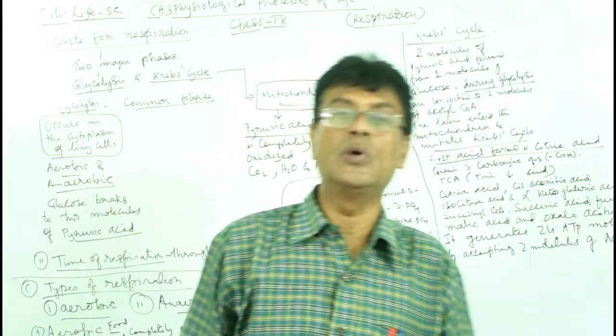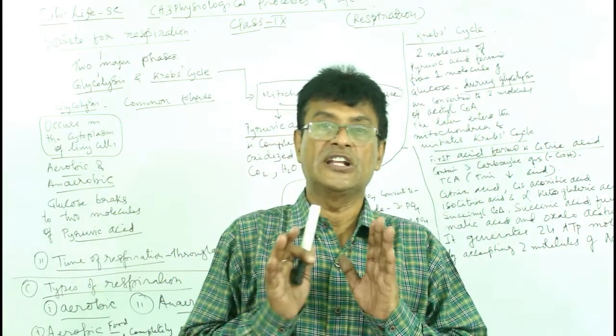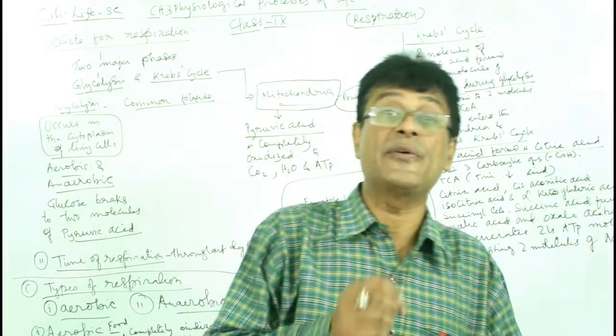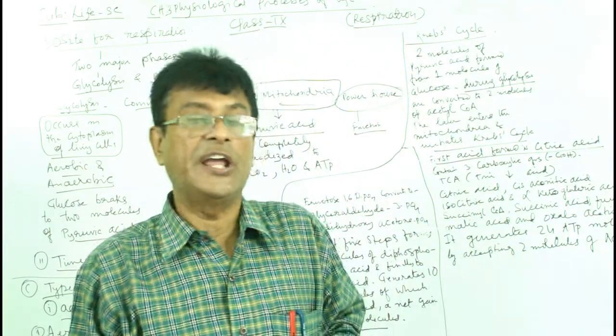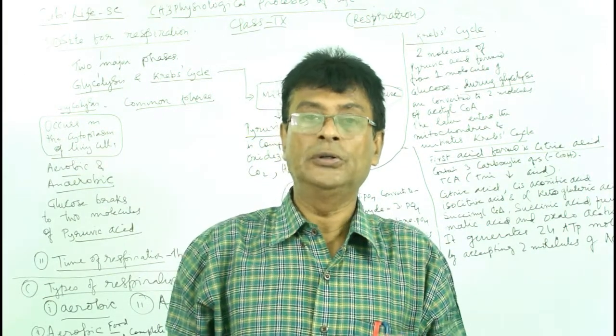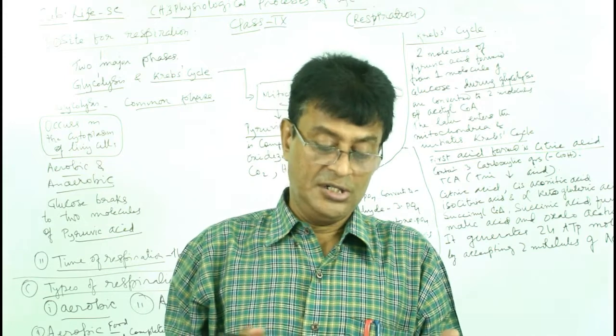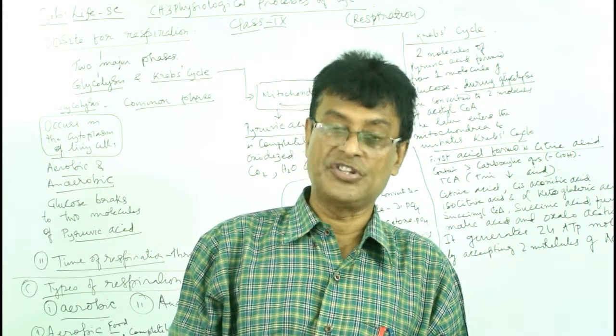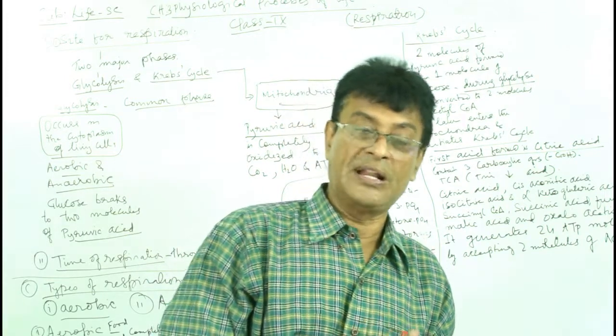Now I tell you what aerobic respiration is. In simple language, it is respiration in presence of air. In air, there are many gases: hydrogen, carbon dioxide, nitrogen, oxygen, and all the noble gases.